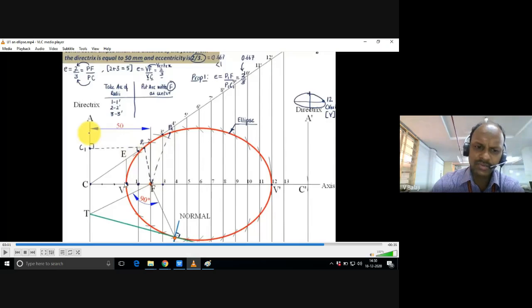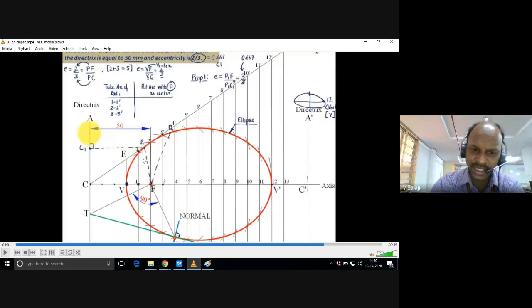Then when it is moving from the vertex to this point, again it is moving to P1. What is happening here? P1F is increasing. Again, P1C1 is also increasing. That means the ratio remains the same. It's constant only. Earlier it is VF, now it is P1F. After some time this P1 goes to P2, again it is P2F.